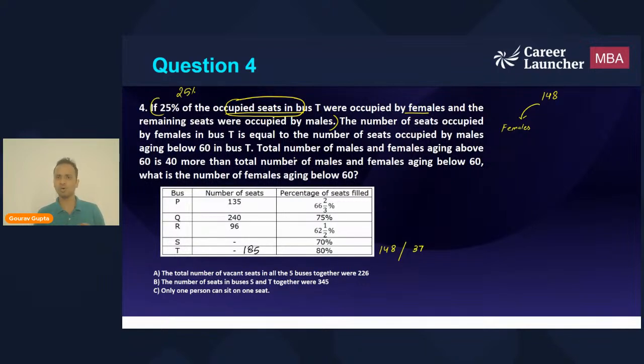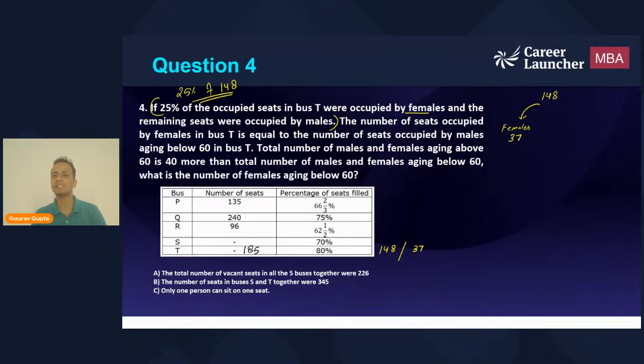So now we will calculate this 25% on 148, after this correction. Am I clear? So, Daksh, the number that you have given earlier was correct because 25% of 185 cannot be calculated. Simple, right? So 25% of 148, how many females?